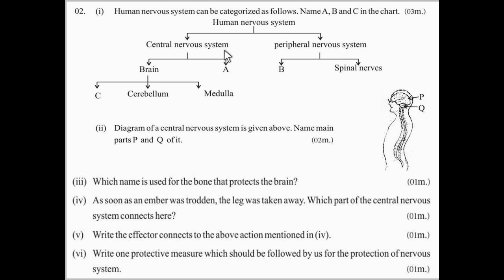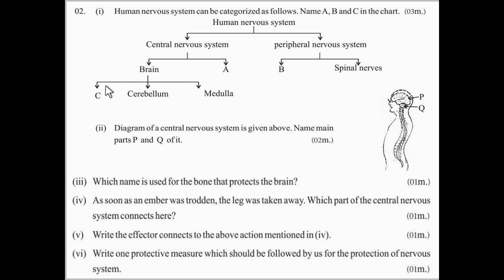Central nervous system again can be divided into two parts, which are brain and the spinal cord, the line connected with the brain but not a part of that brain. Central nervous system contains two main parts, brain and spinal cord.